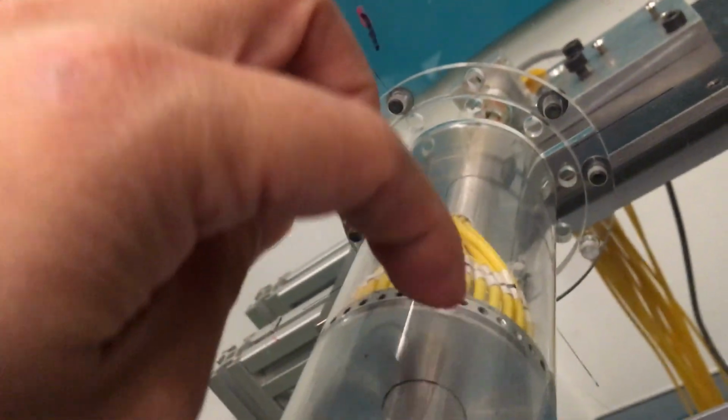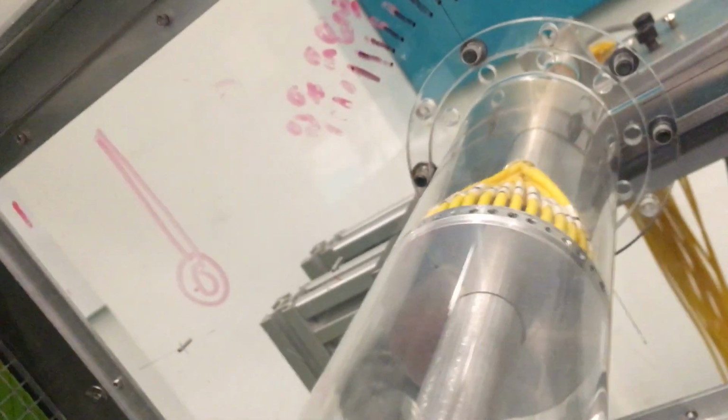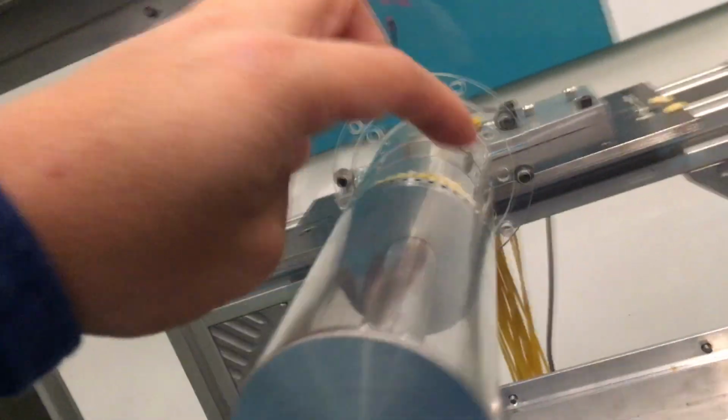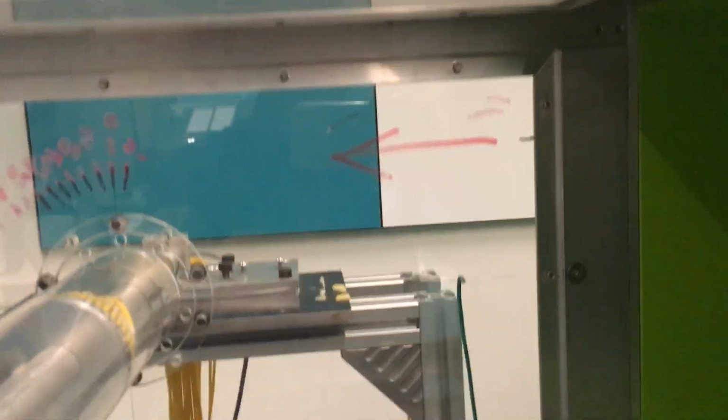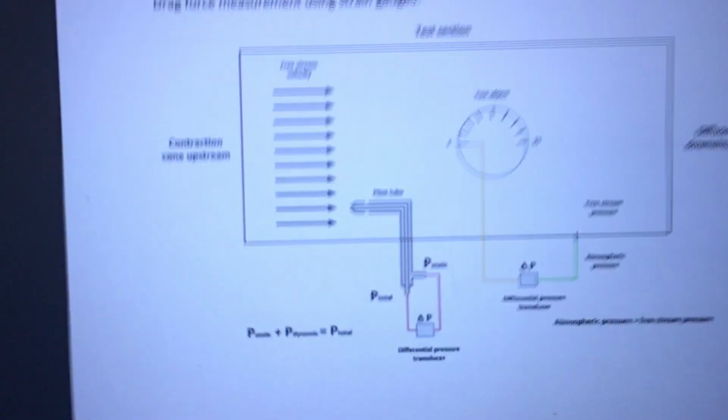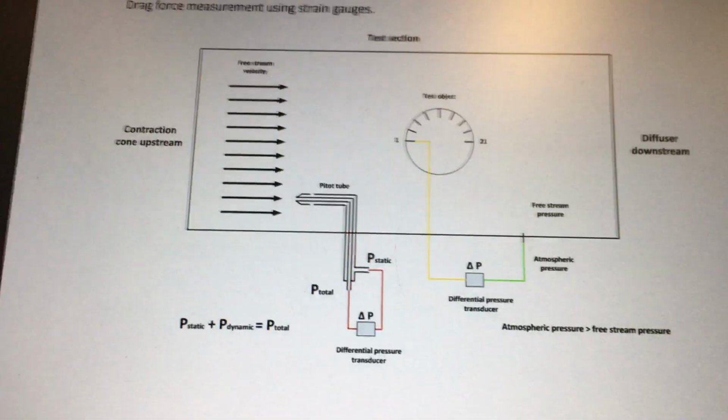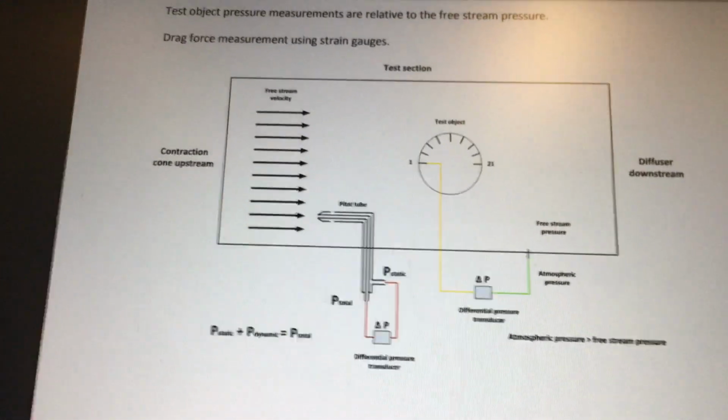From each hole you see we have a yellow line. From the yellow line we have the signal of the pressure inside the hole, and the pressure inside the hole will be compared with the pressure inside the chamber, which you get from the green one. So here you have another pressure transducer.